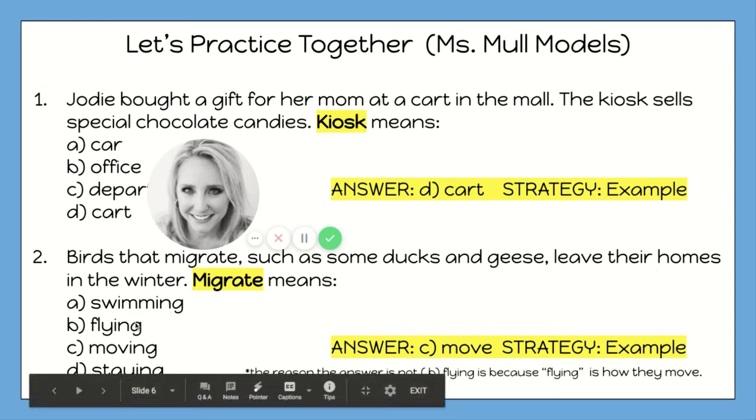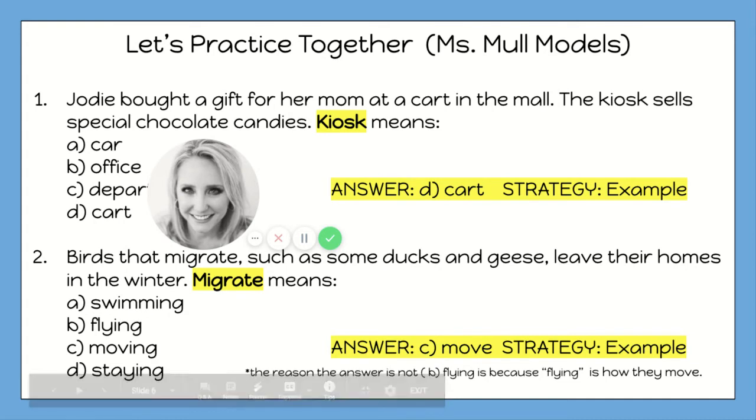Would you be swimming, flying, moving, or staying? Okay. You made the connection. Birds are moving. Now, I know I put move, but I meant moving.